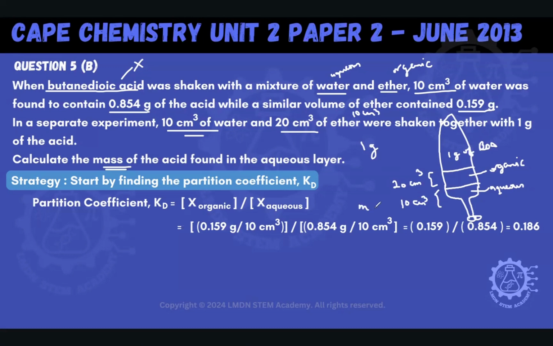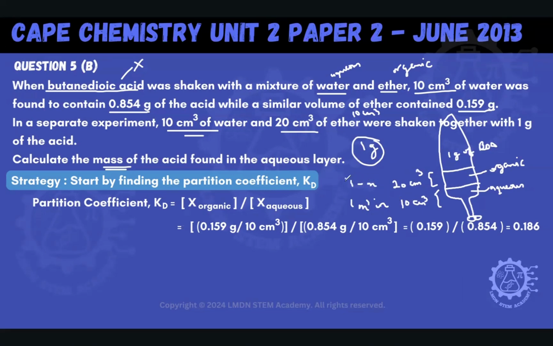So now I'm going to find out how much M was in 10 cm³. And if my total was 1 gram and M ended up in my aqueous layer in that 10 cm³, then the amount that's going to end up in my organic layer is going to be my total minus how much went into the aqueous layer.